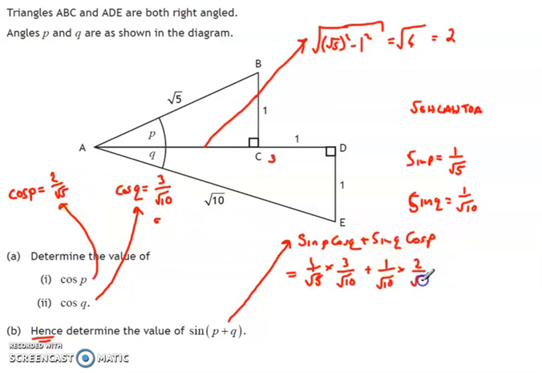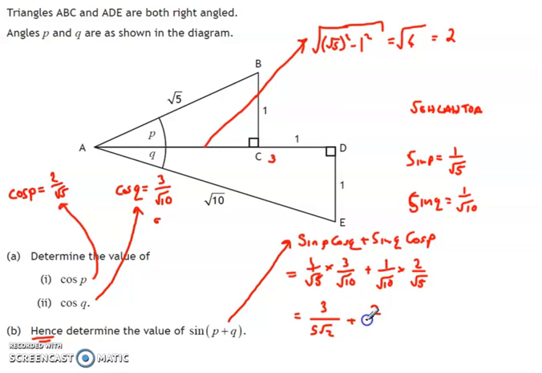What I can then do is simplify all this together. So 1 times 3 there is obviously 3. I've then got root 5 times root 10. Well, 5 times 10 is 50, so I've got square root of 50. But 50 can be split into square root of 25 times square root of 2. That then can be simplified to 5 root 2.